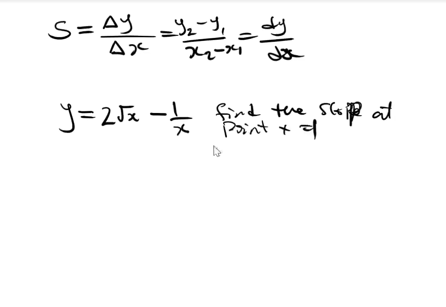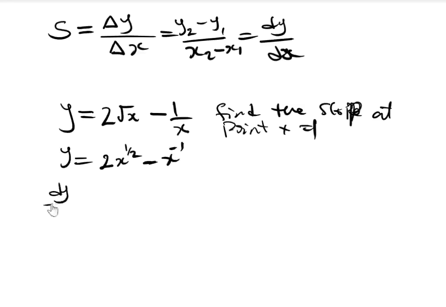To solve this question, we have to find the derivative of y with respect to x. And to differentiate this, firstly, let's rearrange. y can be equal to 2x power half minus x power minus 1.